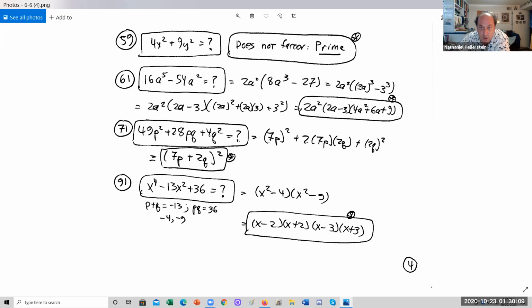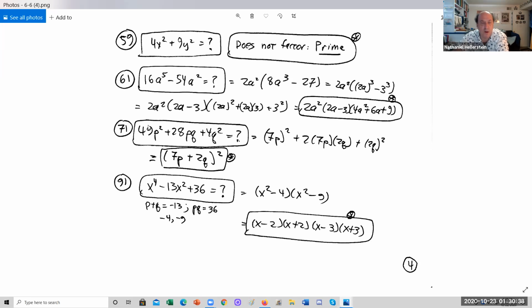So 2a squared times 2a all cubed minus 3 all cubed. Okay, difference of cubes is difference times square plus product plus square. And then after cleaning this up a bit, we get 2a squared, and remember to bring that factor along the whole time, times 2a minus 3 times 4a squared plus 6a plus 9, this.